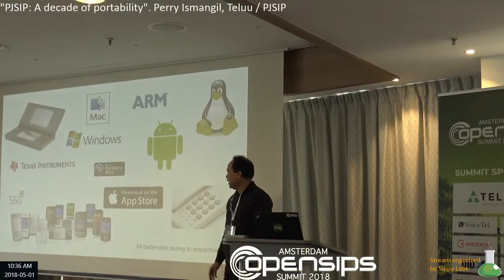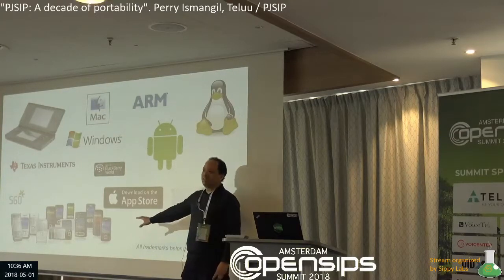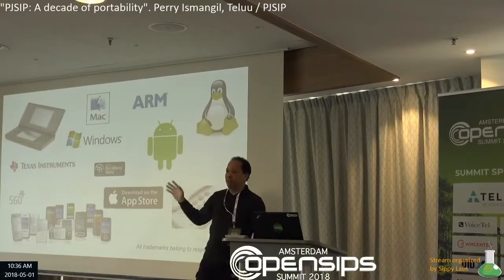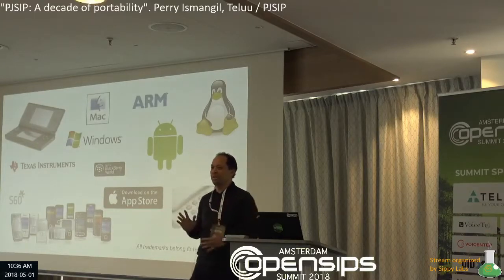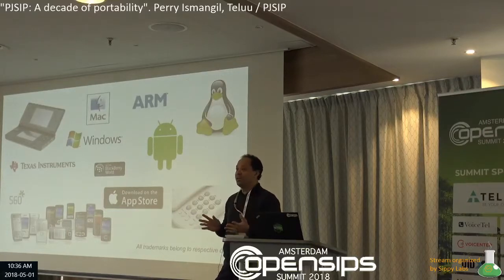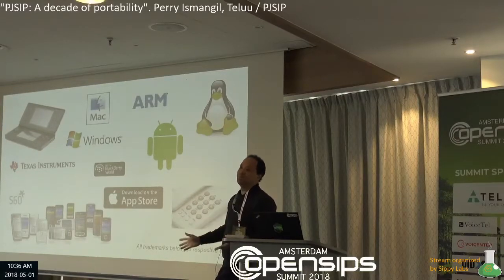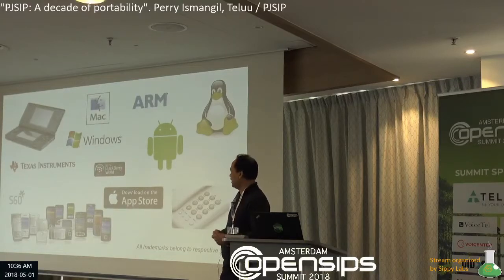And we actually supported Symbian before iOS, because iOS at the time wasn't really coming up with a proper SDK. Even though in the early days people were jailbreaking the iPhone OS, it wasn't called iOS at the time, and putting PJSIP on it without an official SDK anyway.